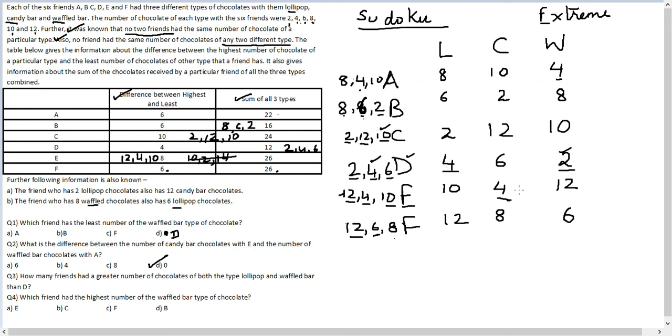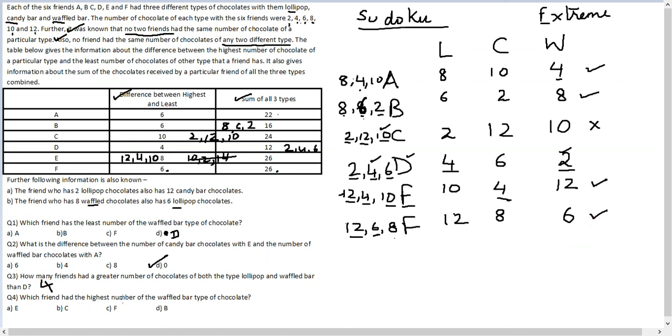Okay, more than 4 and more than 2 effectively means, will this get counted? Yes, A will get counted. Will this get counted? Yes, this will get counted. Will this get counted? No, this has fewer number of lollipops. This gets cancelled. Will this get counted? Yes. And will this get counted? Yes. So the answer to this question has to be 4.